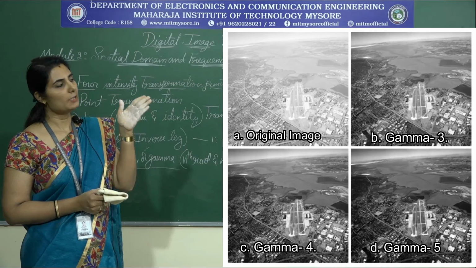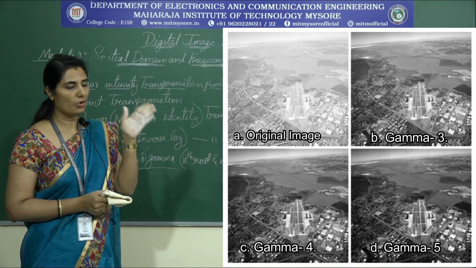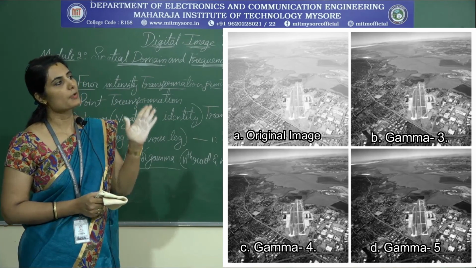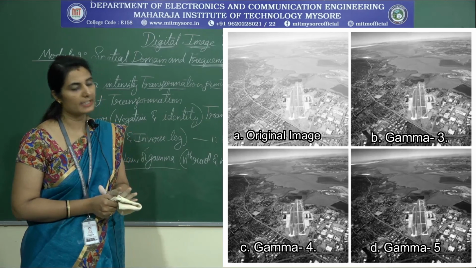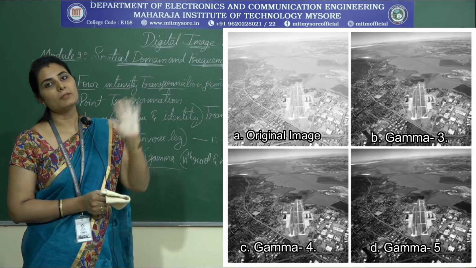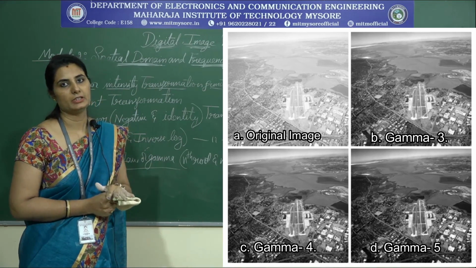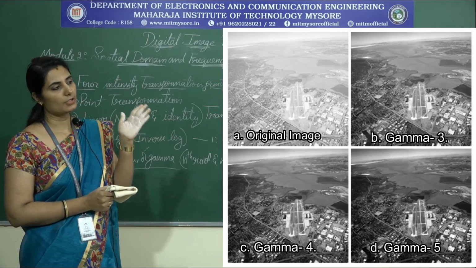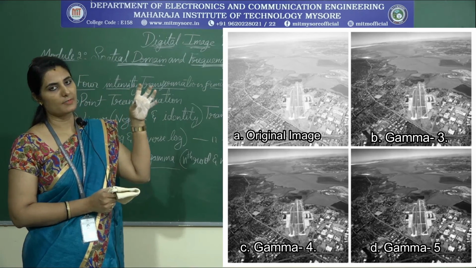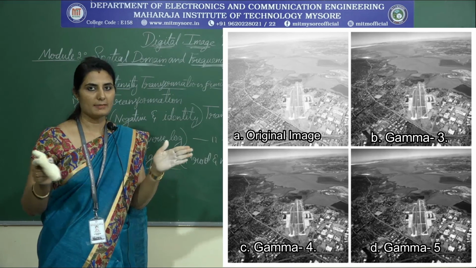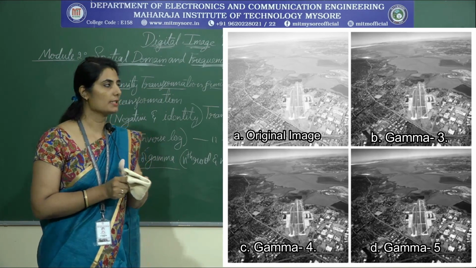So here we perform gamma transformation on this original image, hence produces figure B with the gamma value is equal to 3. Okay. So now you can observe that this image has become darker little bit, that means the brighter part is been compressed a little bit.